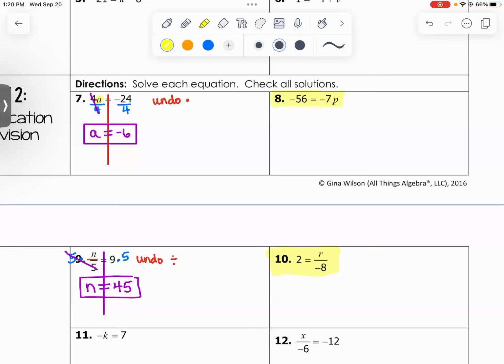I realize I can do this on a whole. -8. I don't think it's negative. No, not. You just don't. You have to make it negative 8. Oh, crap. It's a positive. All right, here we go.